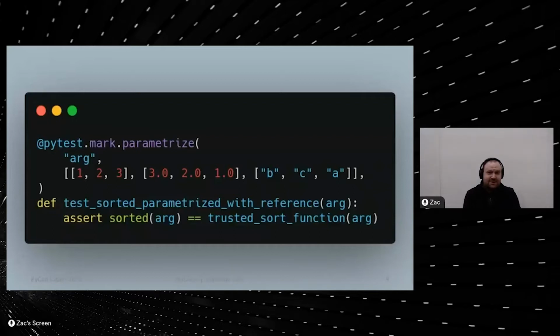And the easiest way to do that would be if we had a trusted implementation of sorting. Maybe we don't trust Tim sort because it's a complicated algorithm, but we implement bubble sort by hand, and we're sure that even though this is too slow for use in production, it's trusted enough that we can compare it to our fast implementation for testing purposes.